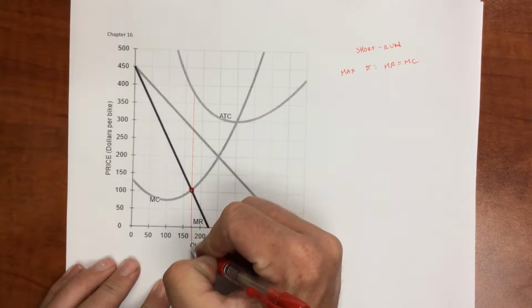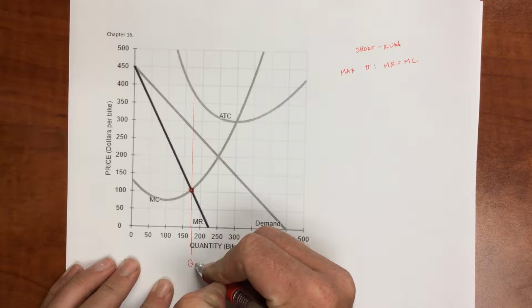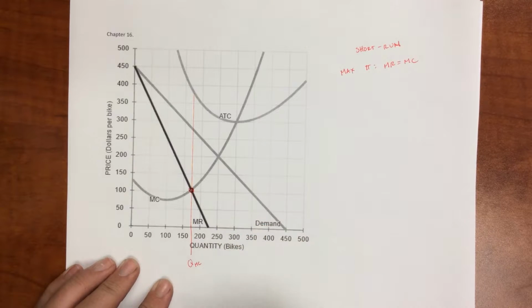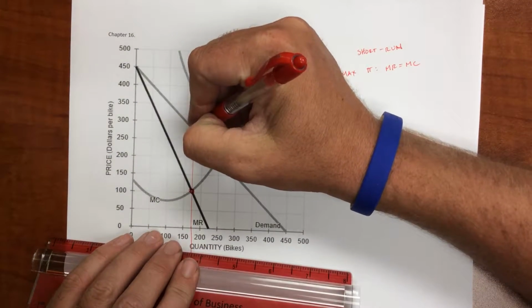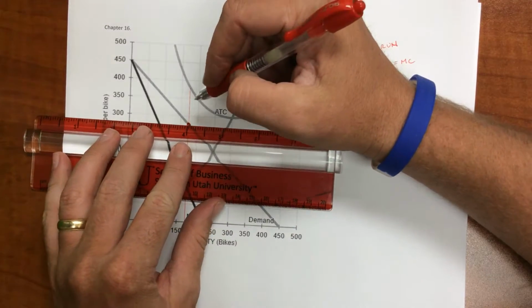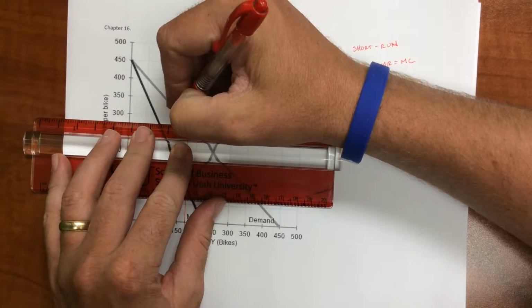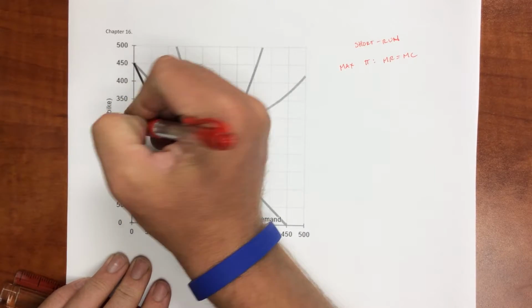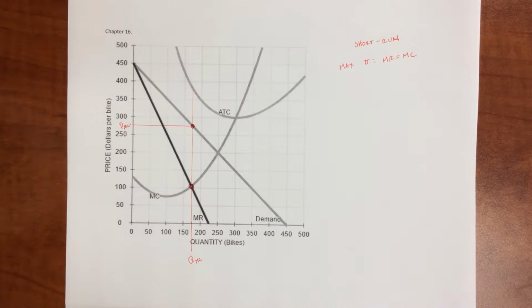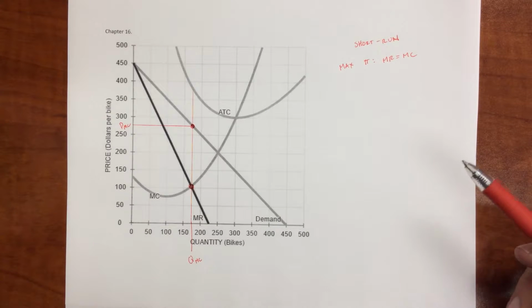This is the quantity of a monopolistically competitive firm. And the price that they charge comes from this point right here. This is the price of the monopolistically competitive firm, and that's how we find our price and quantity.